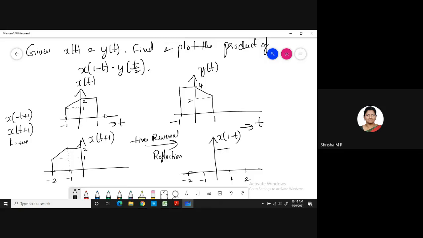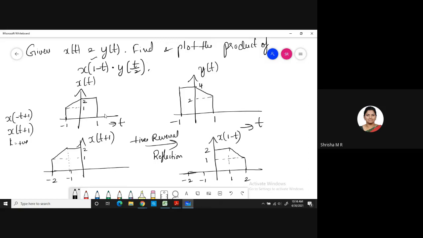So it's like this, from 0 to 1, then at 1 it will reduce. This is 1, this is 2. So I have time reflected that. So x of 1 minus t we have plotted.